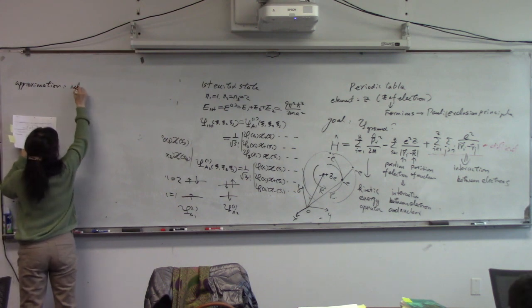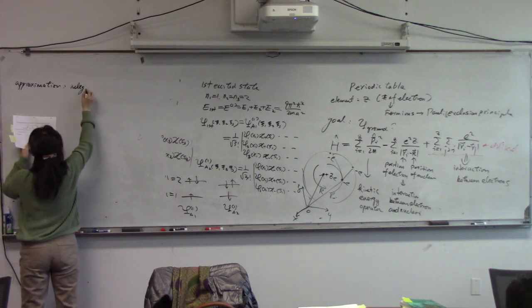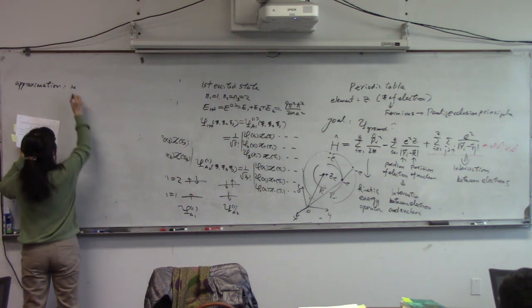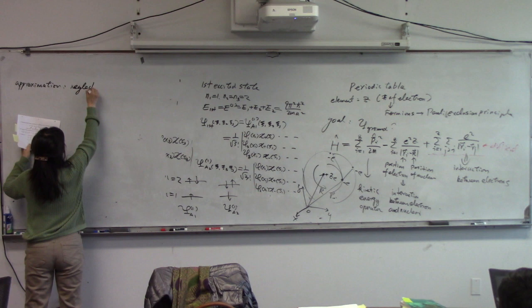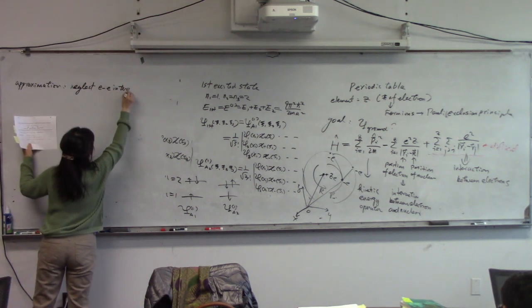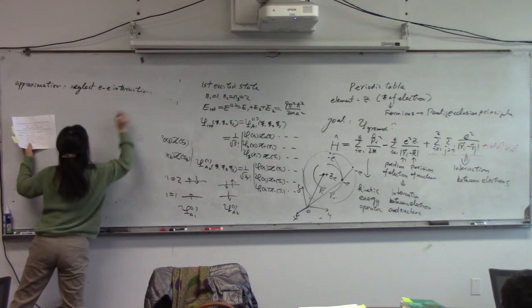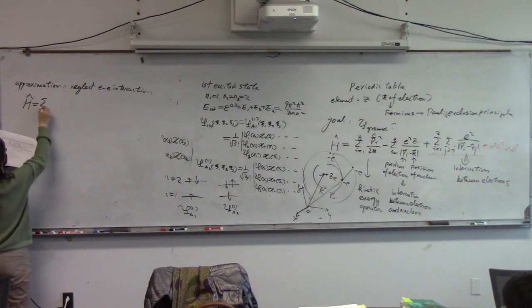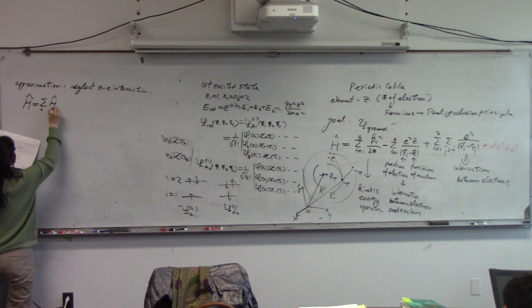First, in that case, the Hamiltonian can be written as the summation of each individual Hamiltonian.